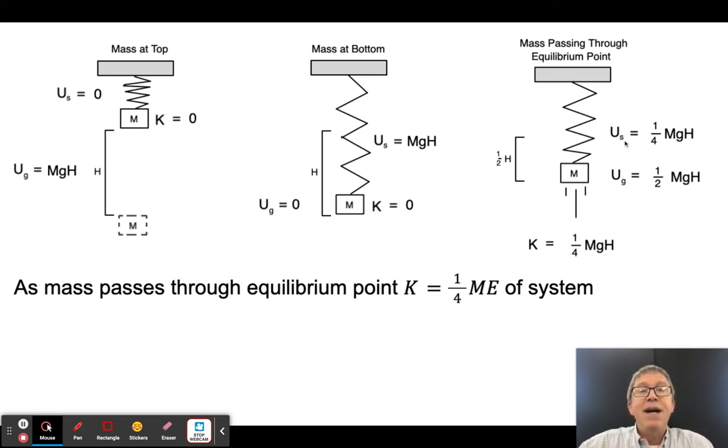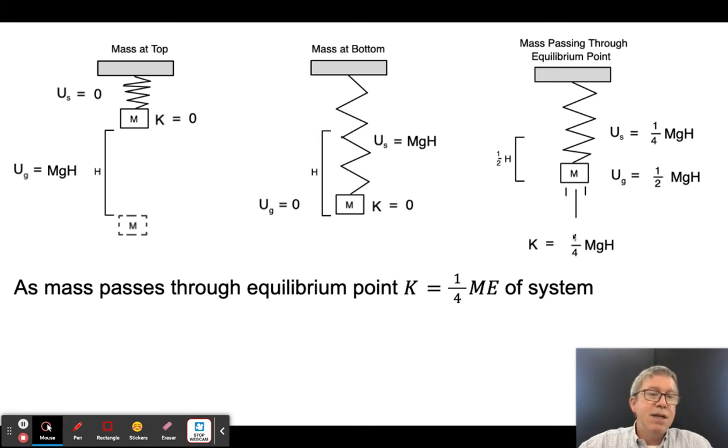But I have 1/2 the delta x of the spring, and since the equation is 1/2 k delta x squared, if you take 1/2 squared, that's 1/4. So it's only got 1/4 of the spring potential energy here. So the total potential energy at the equilibrium point is going to be 1/2 of the gravitational and 1/4 of the spring. So that's basically 3/4 of the total energy of the system is potential, leaving 1/4 of it to be in kinetic.